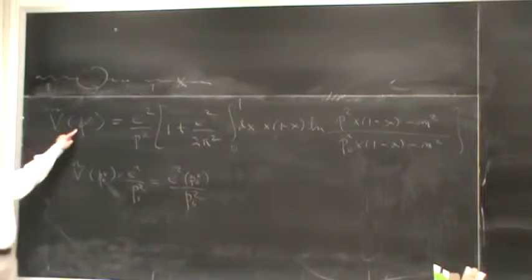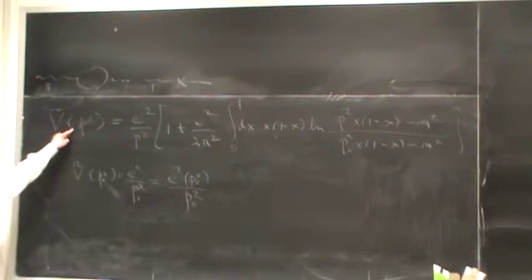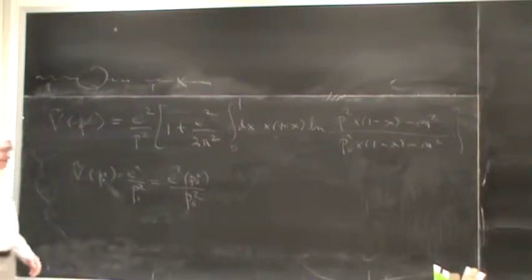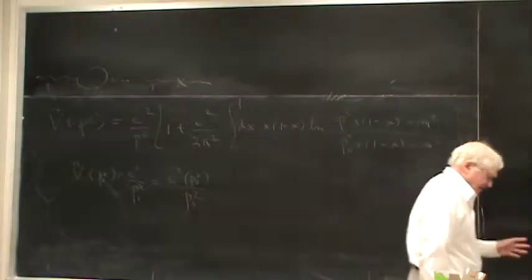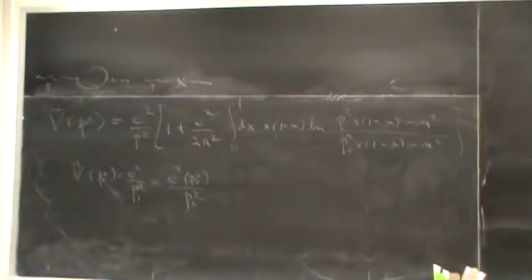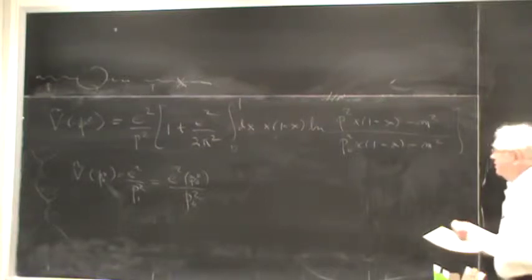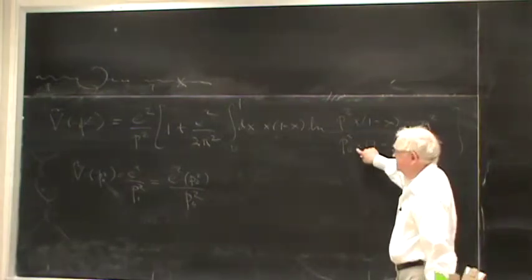Now, the potential at p squared is going to be given by this more complicated formula. And what we know is that we don't want the potential at p squared to depend really upon p0 squared.